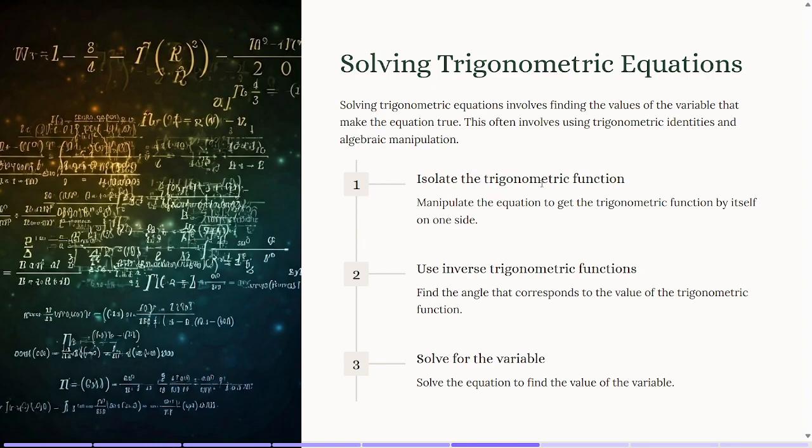Then we use the inverse trigonometric functions to find the angle that corresponds to the value of the trigonometric function. The third step is to solve for the variable. These three things are very important for solving trigonometric equations.